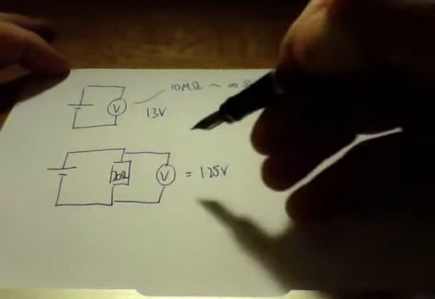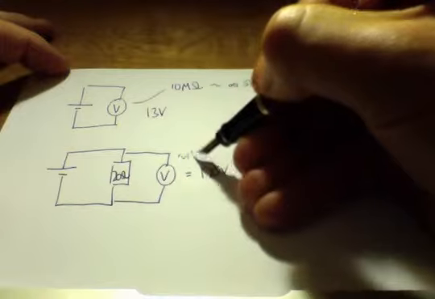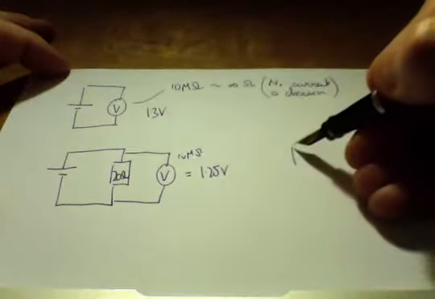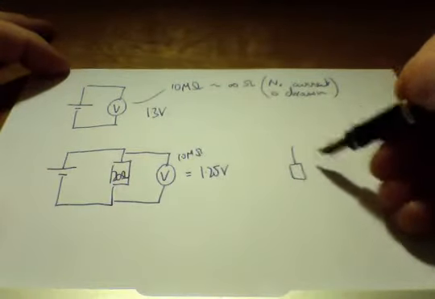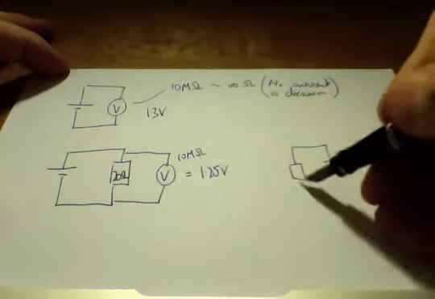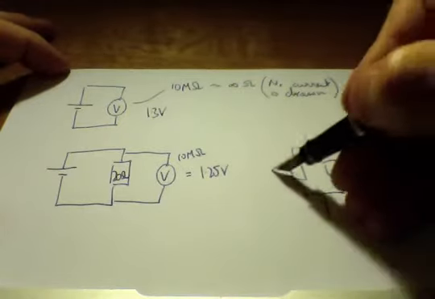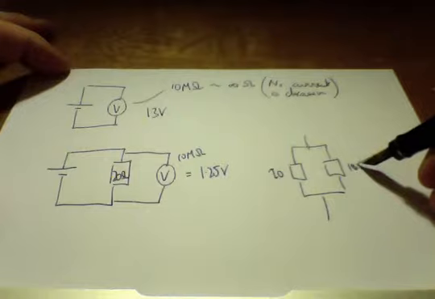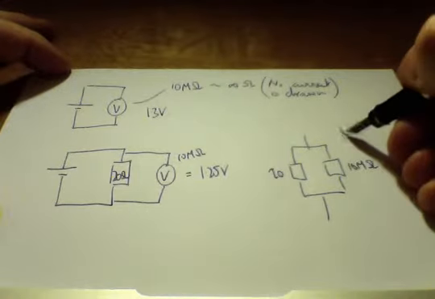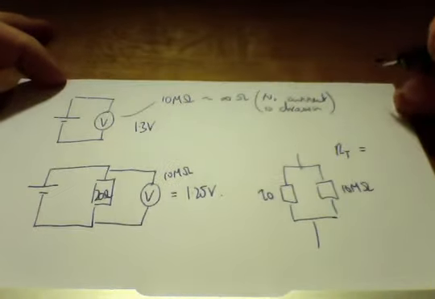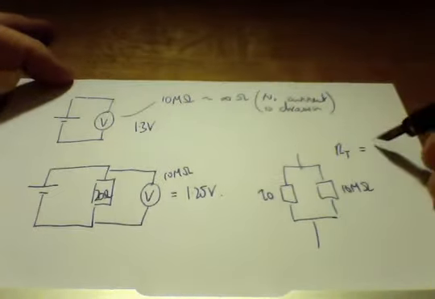In actual fact as well, if you bear this in mind, if you had a 10 megohm in parallel with a 20 ohm, then the total resistance, I hope you can recall this, is going to be the multiplication of the two divided by the addition of the two.